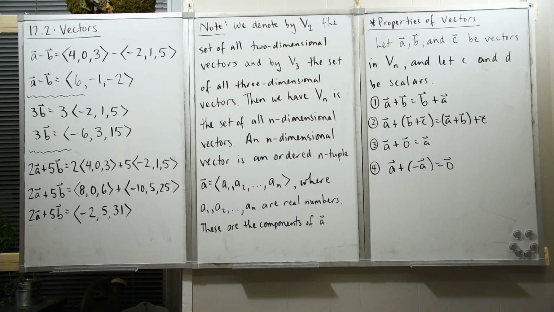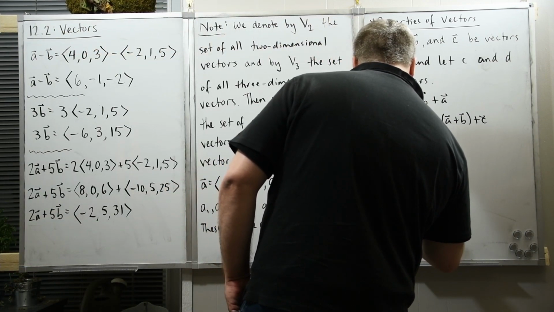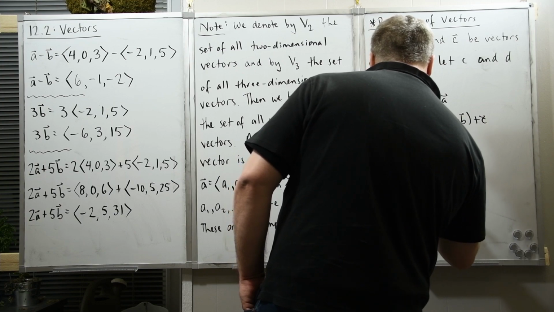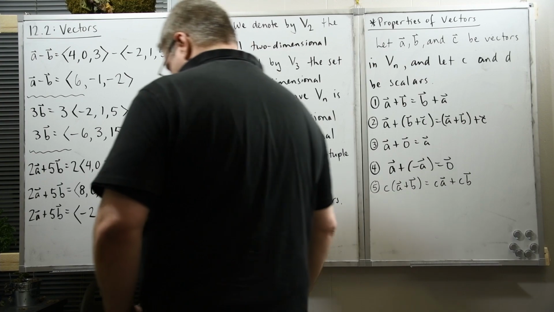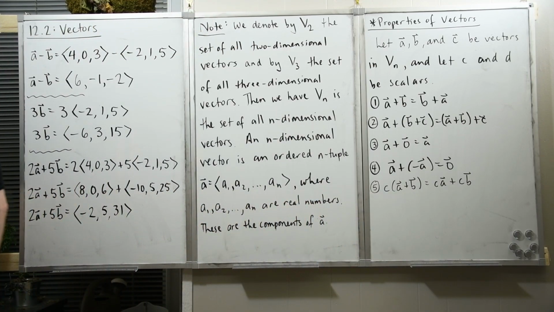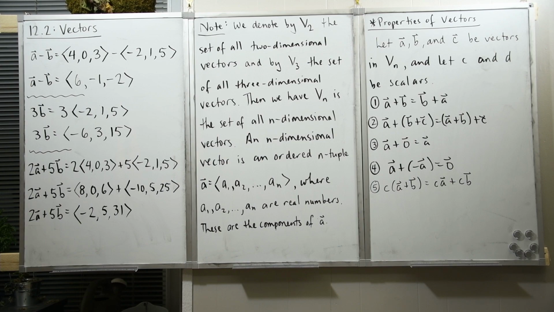And then the next 3 or so, we start taking a look at these scalars. So for number 5, we have the scalar c times the sum A plus B, and that's the same thing as c times A plus c times B. So this means that scalar multiplication is distributive over vector addition.